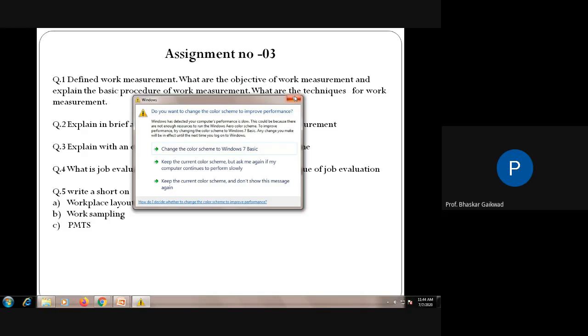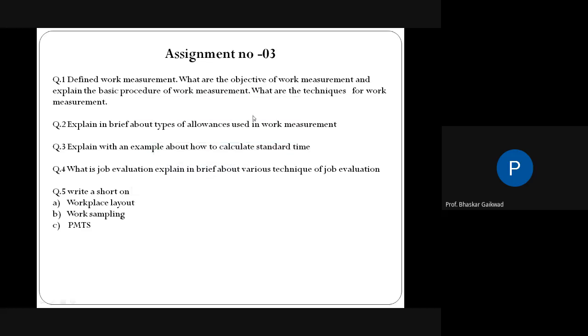Now, question number 2: explain in brief the types of allowances used in work measurement. Already I told you, we require contingency allowance, policy allowance, and personal allowance, because within an 8 hour shift we require certain personal allowance to fulfill our needs and that much time will be wasted.